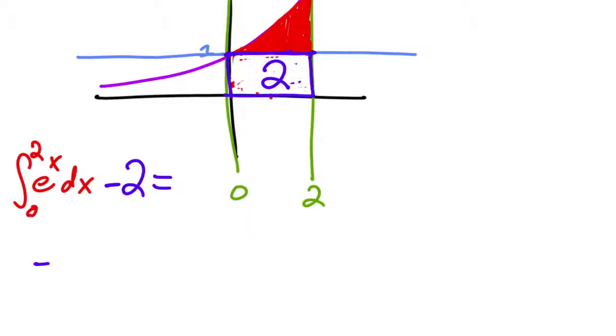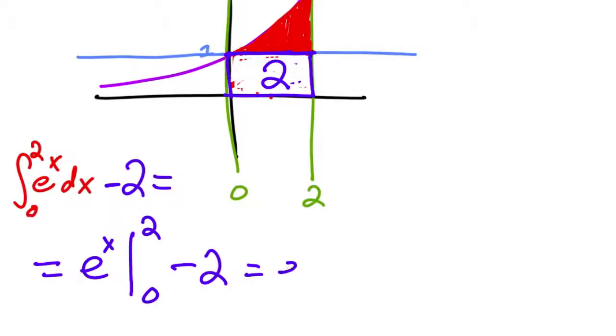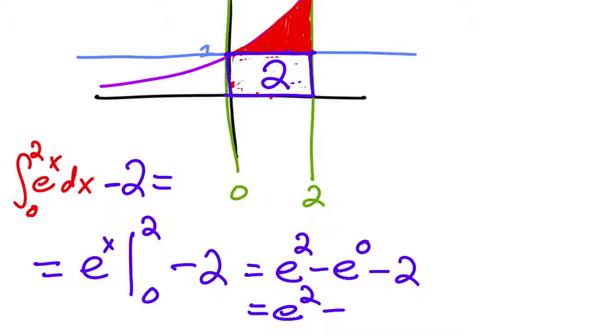This is going to be equal to the antiderivative, e to the x, evaluated from 0 to 2, and then minus 2. This is e squared minus e to the 0 minus 2, so e squared minus 1 minus 2, that's e squared minus 3. And that's it. That's the area. You can approximate it with your calculator if you want. But that's this area right here that we colored in.